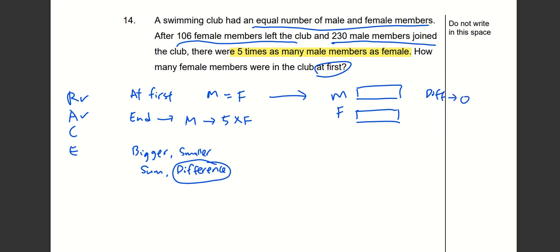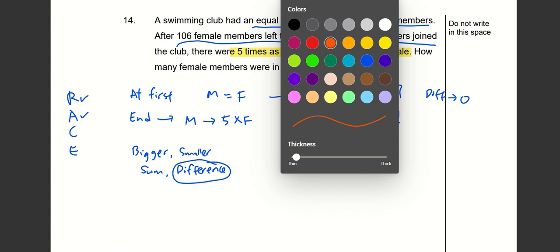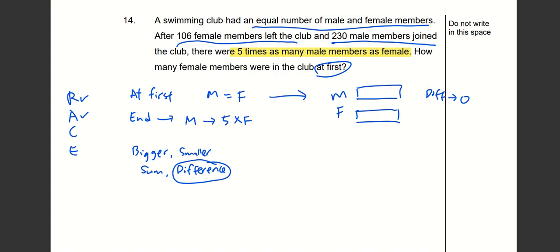Then we look at what happens during the change, at the end. At the end of the event, the males had 5 units, and the female had 1 unit. Let me draw this more accurately. That's at first, and this is the end.